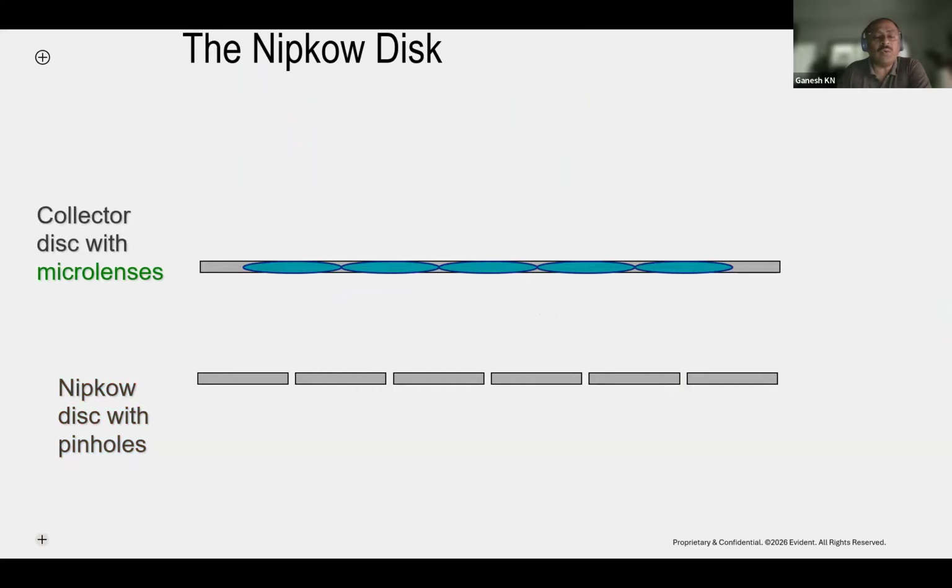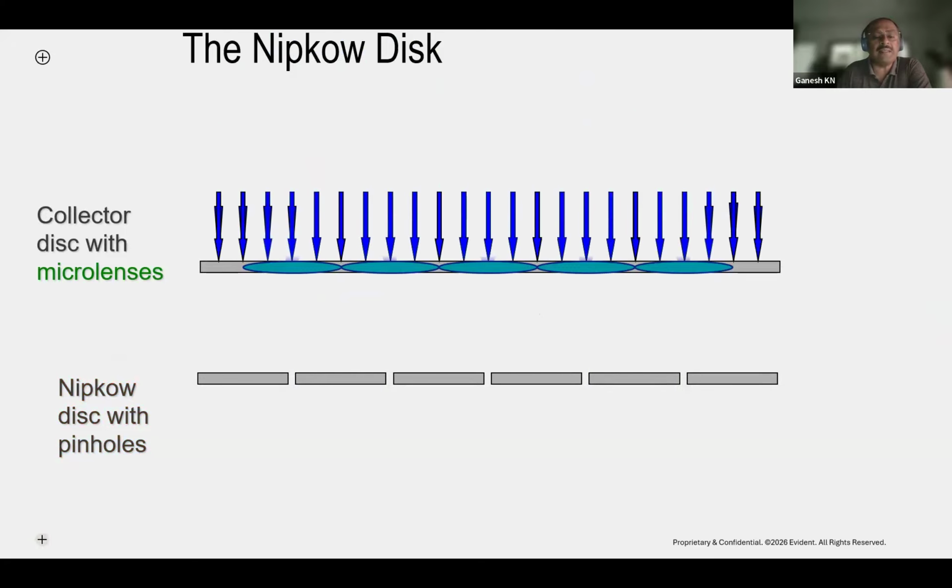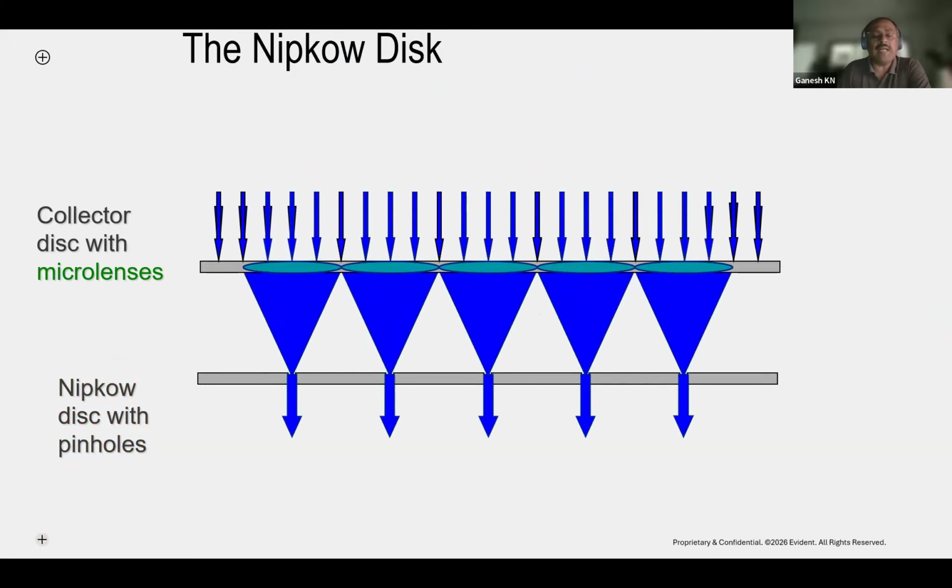So of late, what Yokogawa, a Japanese company, did is they introduced a micro lens which acts as a funnel, and now it collects all the light together and focuses it onto the specimen with a higher intensity. Now you have a better light efficiency. Even if the laser power is lower, it collects all the laser beam, makes a sharper beam, and brings down a sharper point of light onto the specimen.